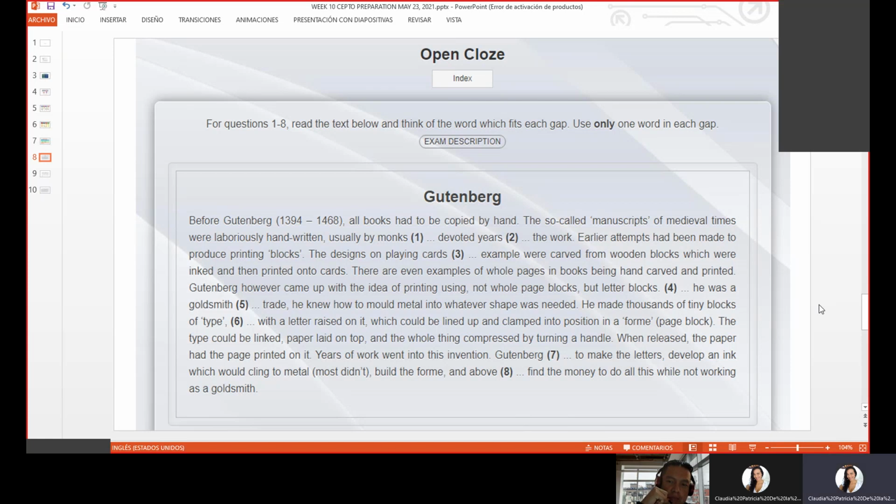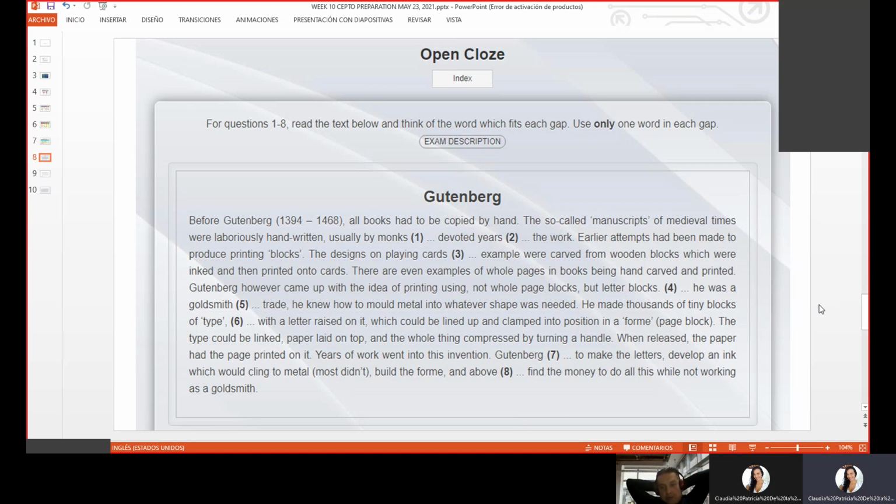I didn't have number seven. Gutenberg. Do you want to try to complete it, or do you want me to tell you the answer? The answer.